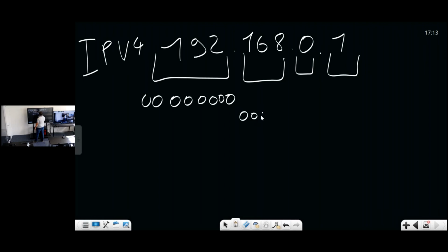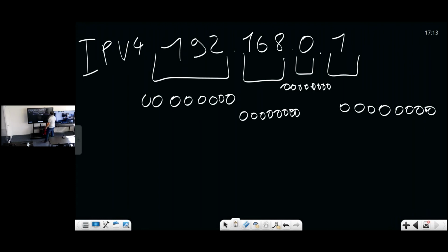So a byte is 8 bits, and there are four of them. Here it's 1, so if I want to repeat it, here it will be 1, and here it will be 0, 0, 0.